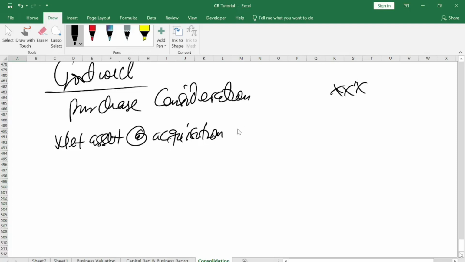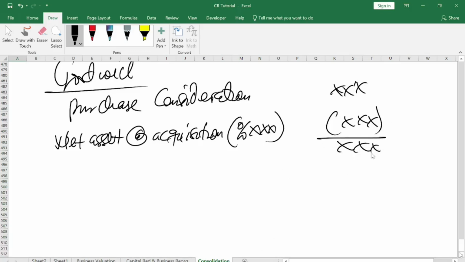The percentage, do you understand? You multiply the percentage by that net asset, and whatever you get, you come and less it. So whatever you get is your goodwill. Simple. So this is your goodwill.